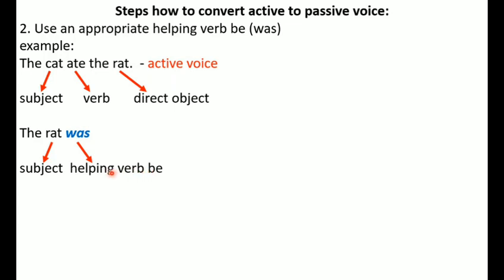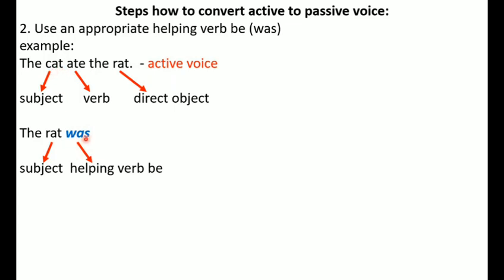Now, was is used here as a helping verb kasi the original sentence used the past tense form, ate. So was here is the appropriate helping verb. Another reason is the subject is singular, only one. So we are going to use was. We cannot use were here kasi the subject is only one, singular.